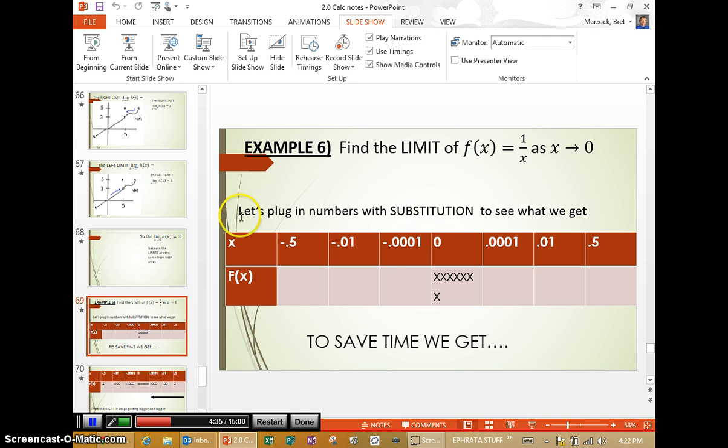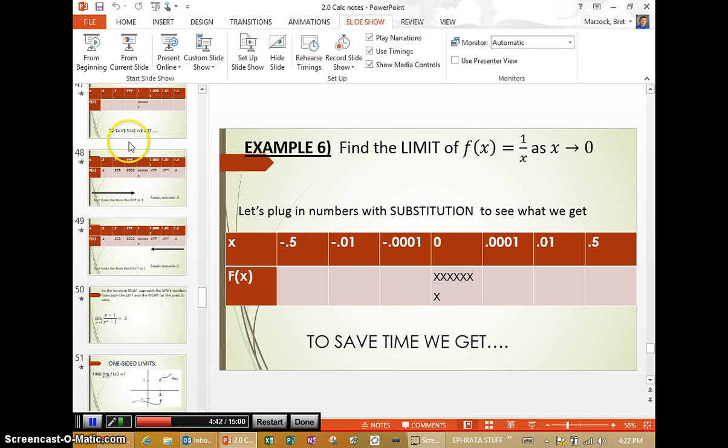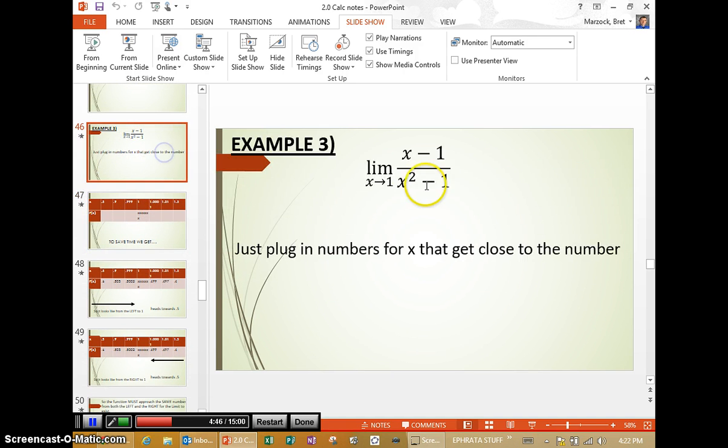Plugging into 1 over x is not a big deal, but as you can see from problems we had earlier, using tables to plug into a problem like this, do you want to keep plugging in values on either side? No, it's going to get a little ridiculous. And some of you might even have seen a pattern already on what you could possibly do to find limits. Maybe you haven't yet.